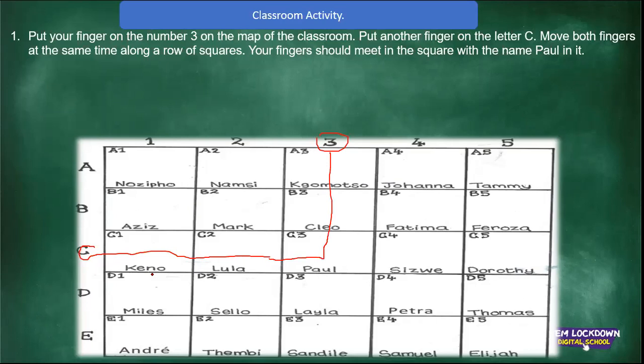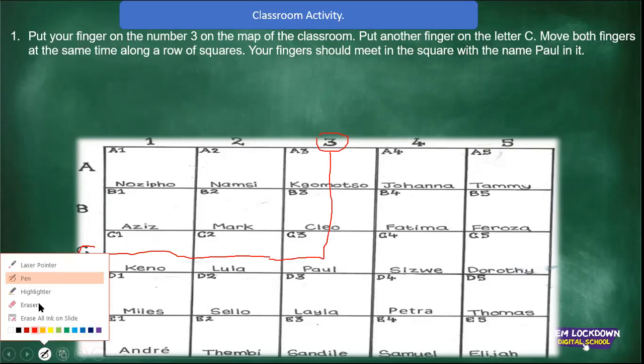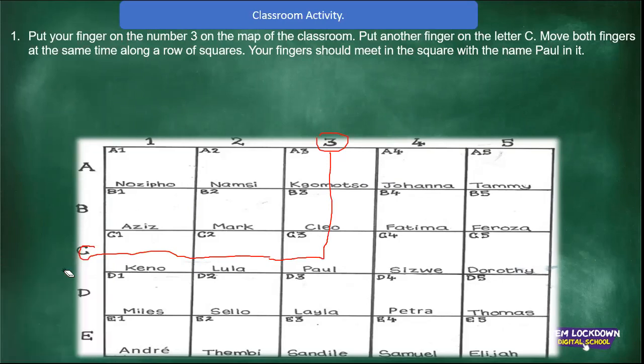We have Zoe. Zoe, do you want to tell us how you got yours? So first I put my finger on the number 3. Yes, number 3. Then I put it on the letter C. The finger on number 3, I went down, and the finger on letter C, I went right.